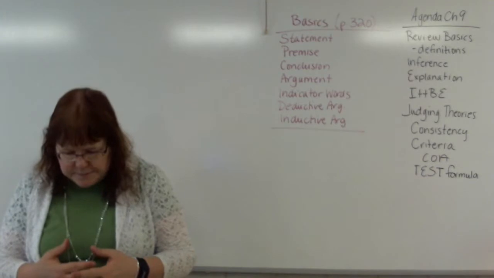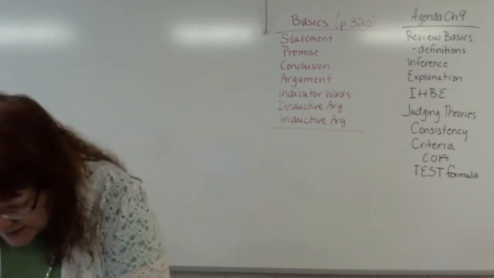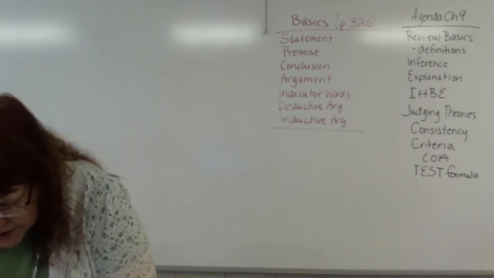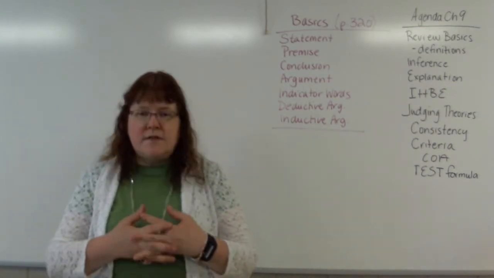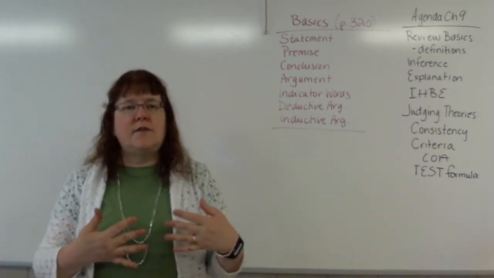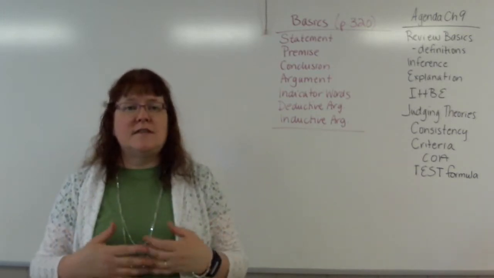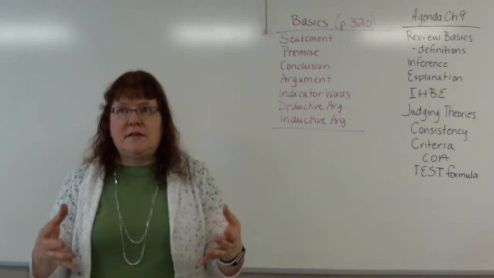When we're looking at inference to the best explanation, and this is on page 322, we're going to reason from premises about a state of affairs, and don't let that terminology mess you up. A state of affairs is the same thing as a phenomenon or a situation or an event even.